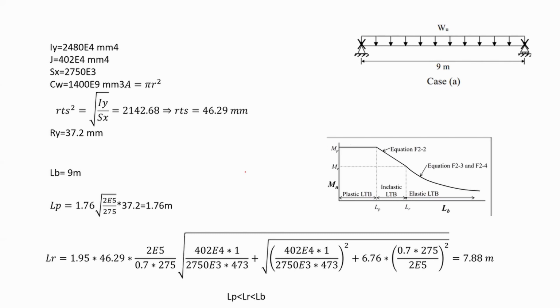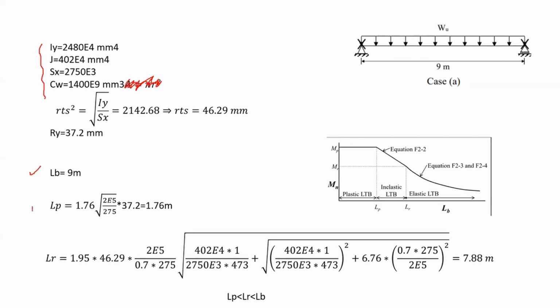So first thing I'm going to do, I'm going to collect some information I would need in my calculations. This information I have obtained from the sections table that they are related to IPN 500. Now, these section properties related to IPN 500 I'm using to calculate.